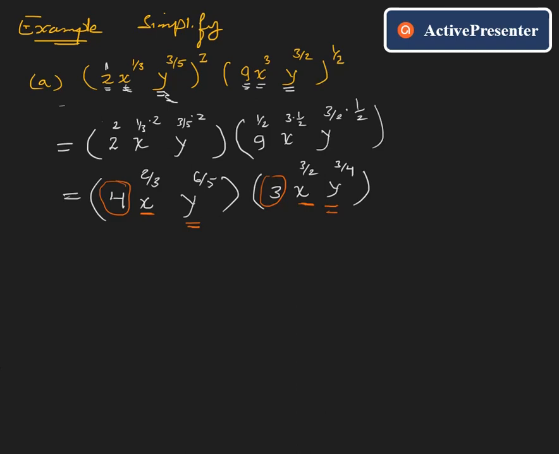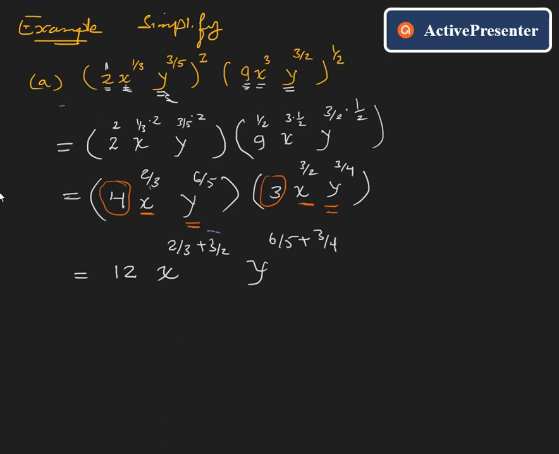So if you complete, it should be 12x to the power 2 over 3 plus 3 over 2, multiplied in y to the power 6 over 5 plus 3 over 4.